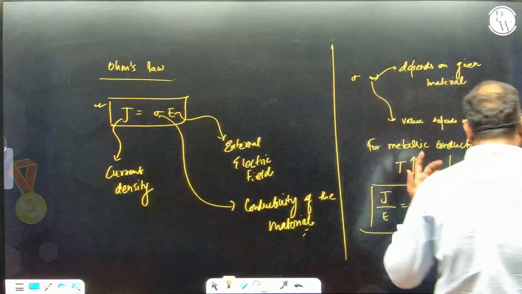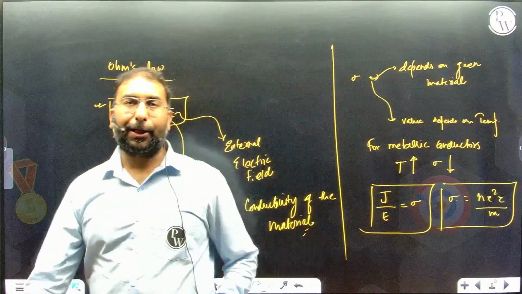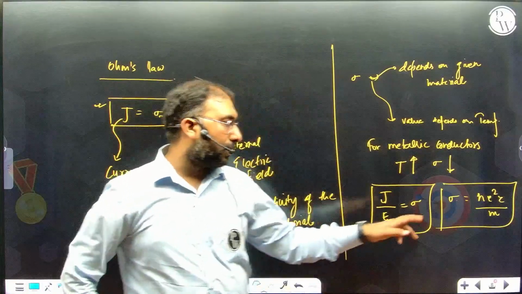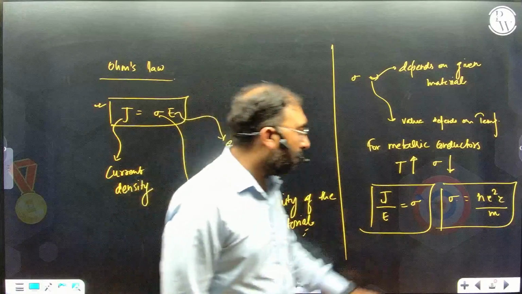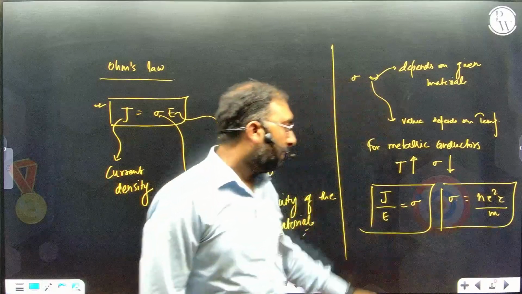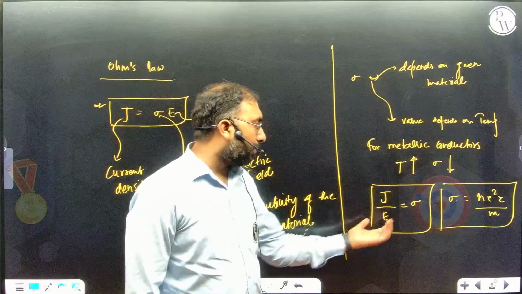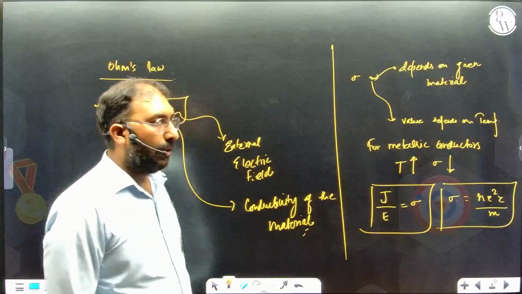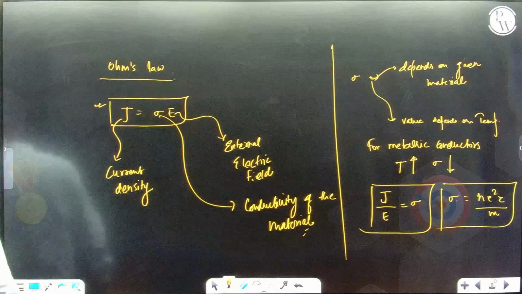Because an electron is an electron, whether it is an electron of copper or silver or gold. So all electrons will have same mass, same charge, same relaxation time. So sigma depends on N. So for a given conductor at constant temperature, J by E will be constant, it will be equal to sigma. So this is what I have to say in this topic.